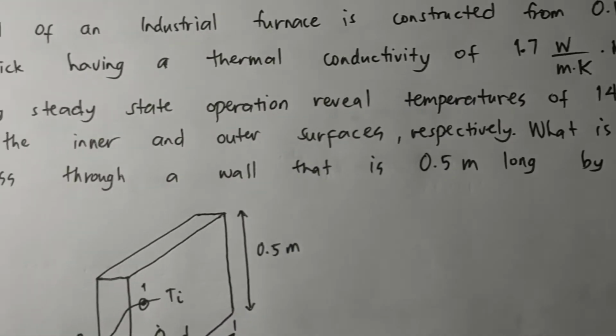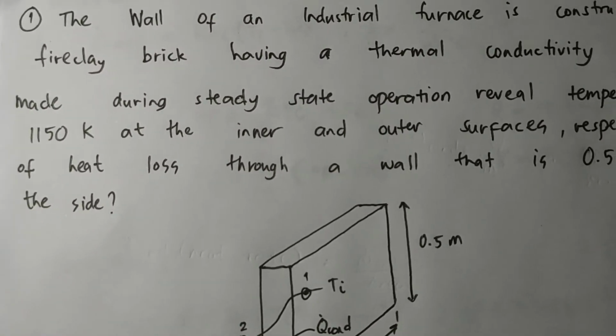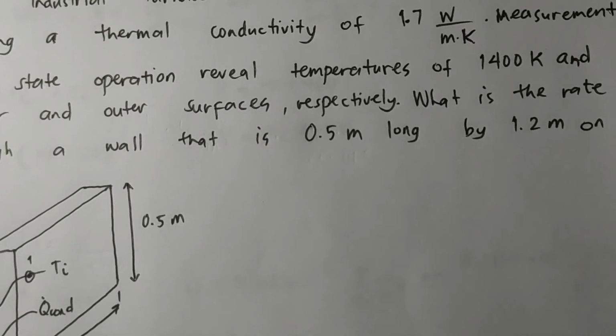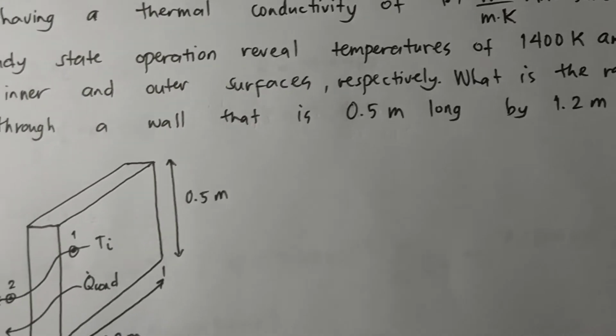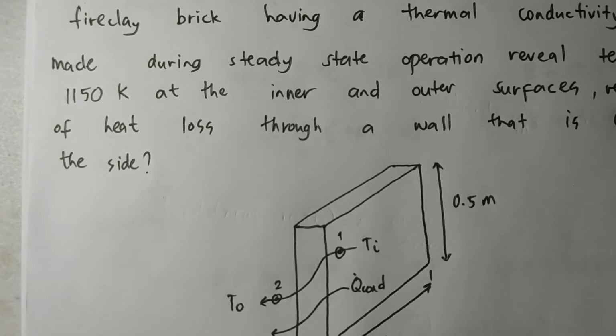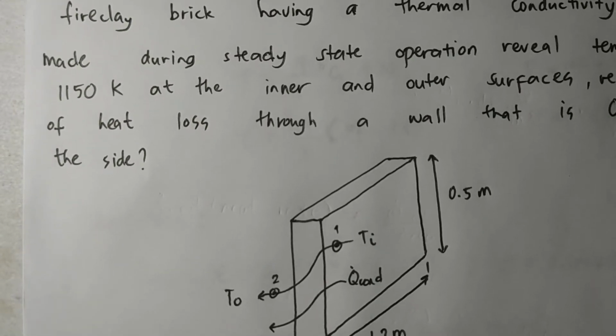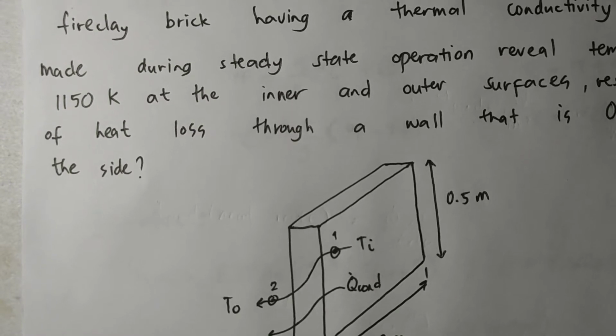What is the rate of heat loss through a wall that is 0.5 meter long by 1.2 meter on the side? So may given tayo na illustration ng ating problem number 1. So meron daw industrial furnace na 0.15 ang kanyang kapal.